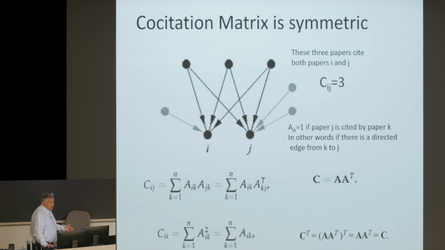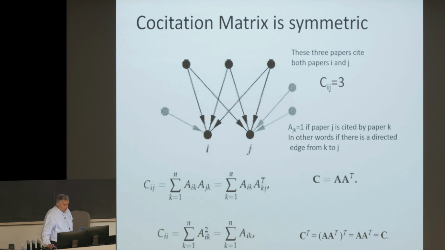The co-citation matrix is just, for each node, you determine how many papers are citing these two papers simultaneously. And from here, you may infer how closely related these two papers are. Because if many papers cite both of them, then it means that they belong to the same field.